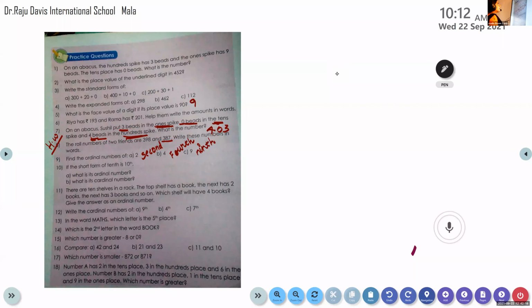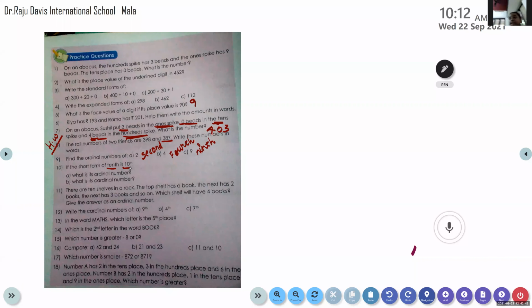Now, question number 10. If the short form of 10th is 10, what is its ordinal number? 10th is an ordinal number or cardinal number? 10th is the short form. My question is, is 10th an ordinal number or cardinal number?